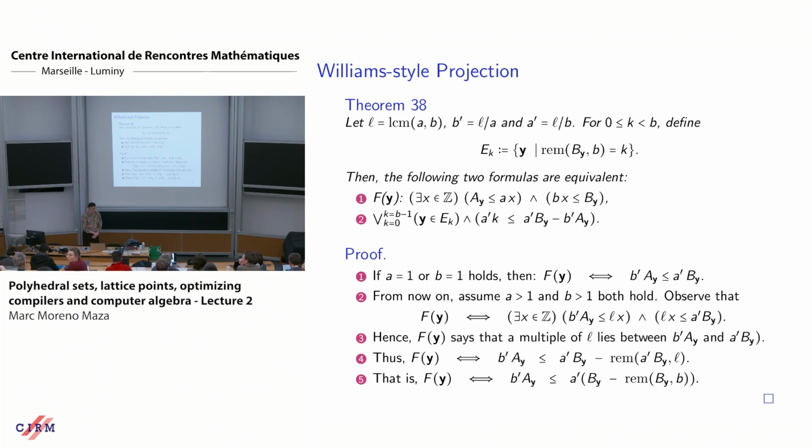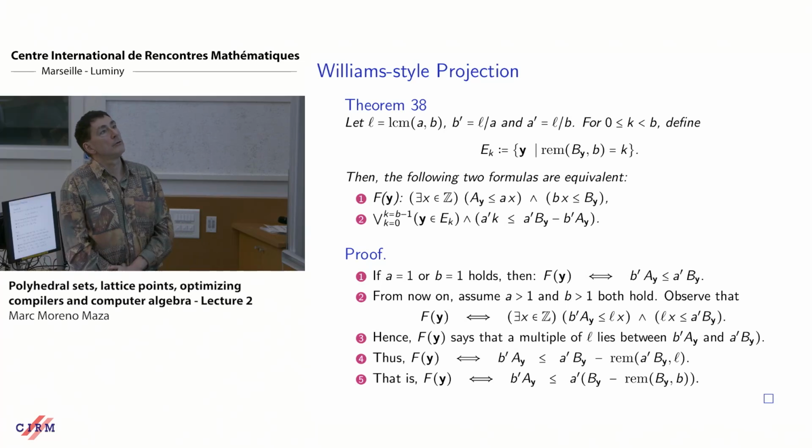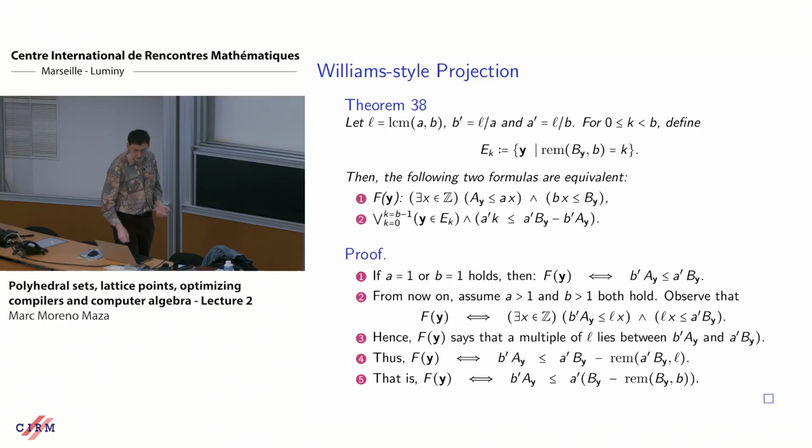Okay, this is relatively simple, but one can feel that this may introduce lots of cuts, right? For each value of k, you will essentially produce a case in many disjunctions, so that's not ideal.